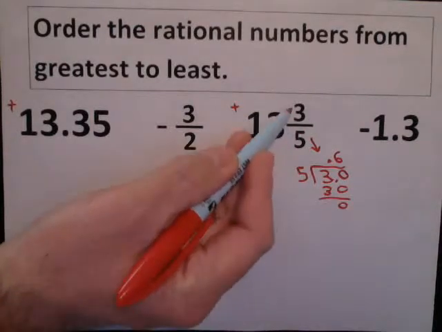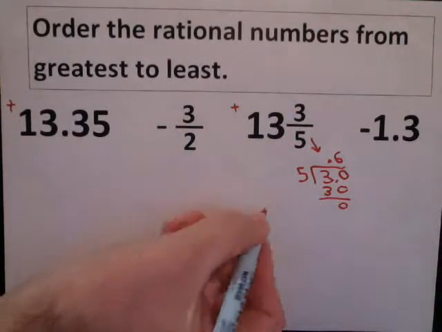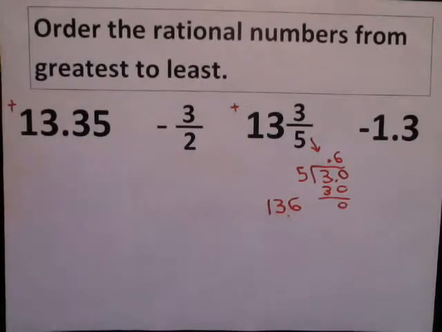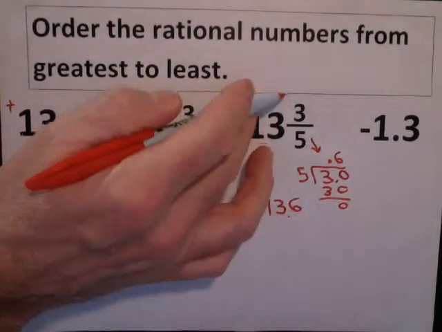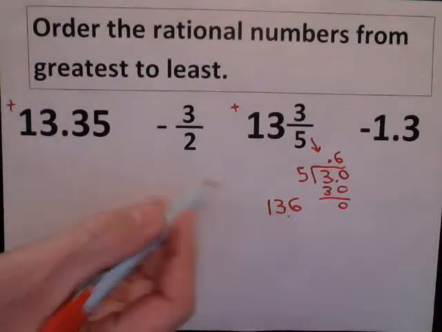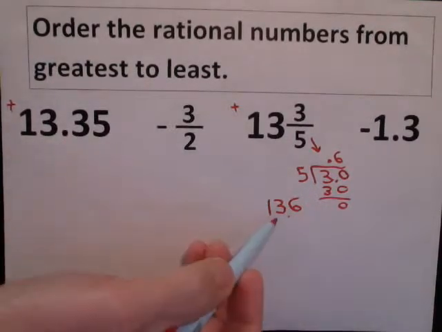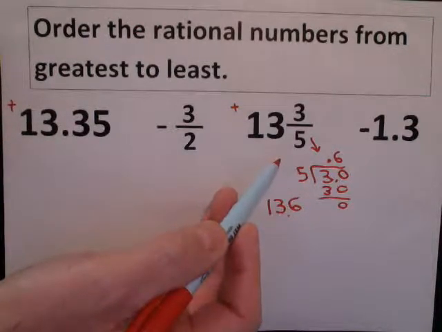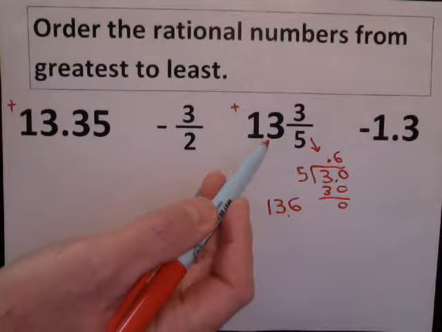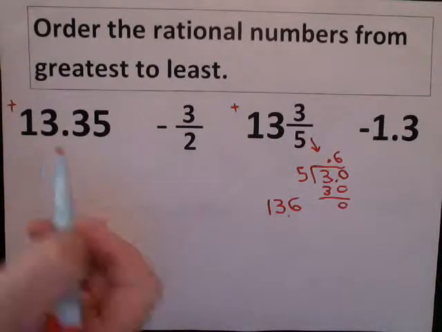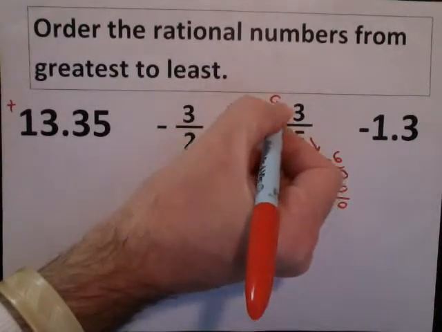So 13 and 3/5 is actually the same as 13 and 6/10. So now we can compare and say that this 13 and 3/5 is definitely greater than 13 and 35/100. Alright, so this is our greatest number.